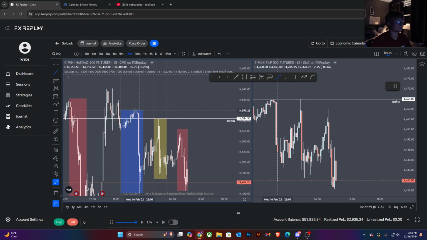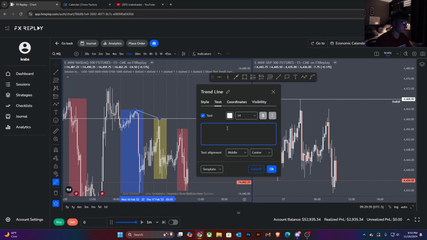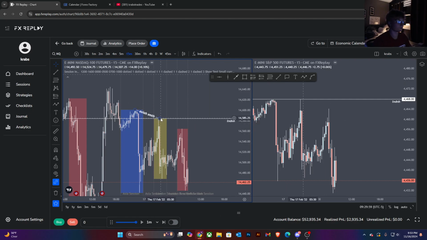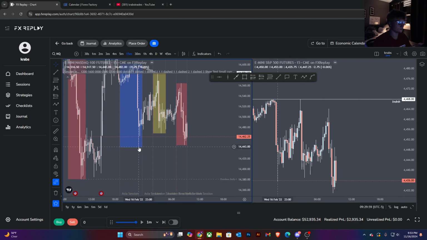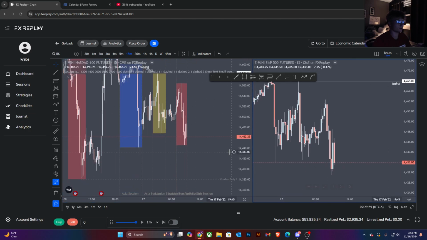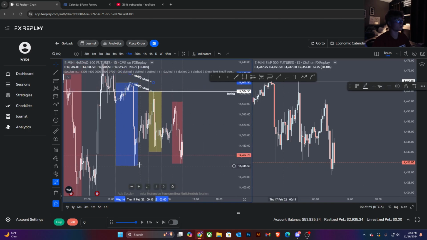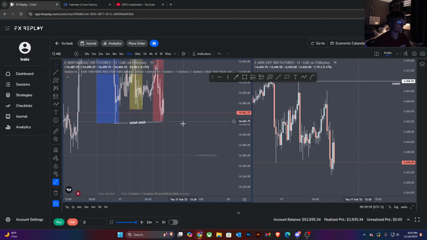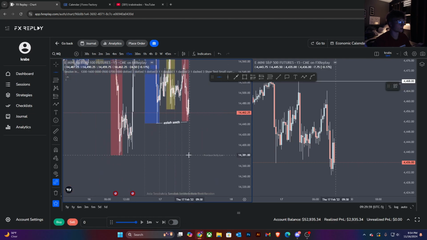Asia high SMT here, as well as SMT with Asia at the low. Previous day low right there.